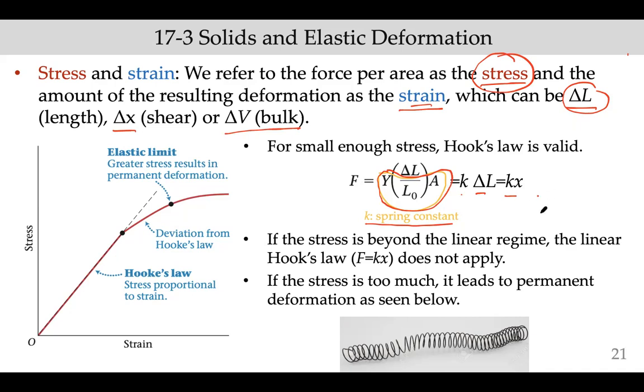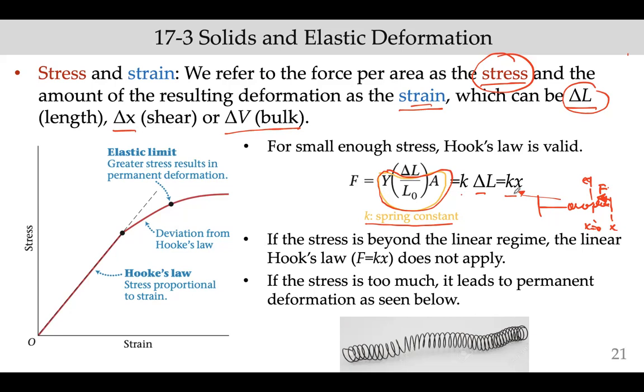So if you have a spring, let's say this is the equilibrium point, and let's say you stretch it to this point. This is x equals 0 and this is x. If you stretch or compress it by an amount x, there will be a restoring force in the opposite direction of the extension or compression.